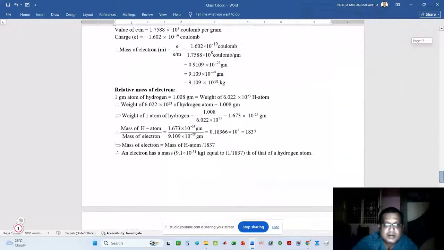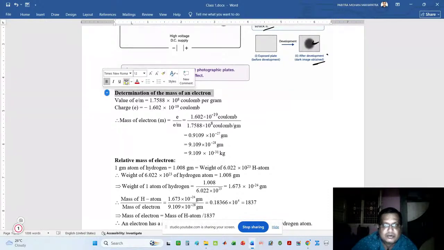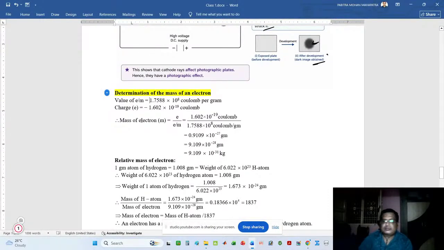Now our target is to find the mass of the electron. We know that the charge of the electron is 1.602 × 10^-19 coulomb, and the specific charge of the electron, the e/m value, is 1.7588 × 10^8 coulomb per gram.